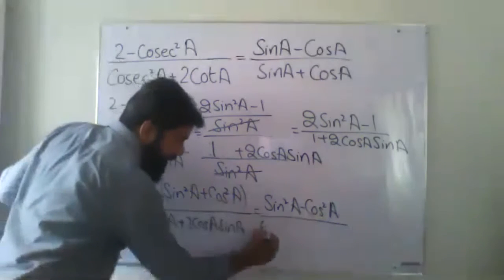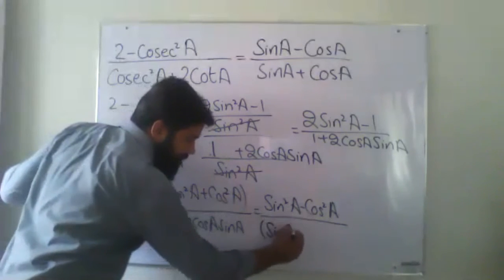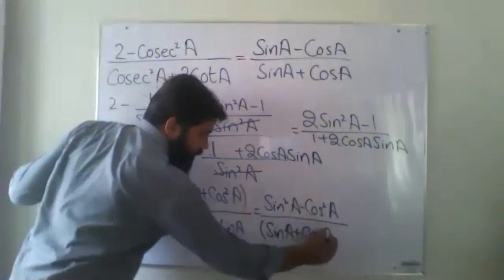So this can be written as sine A plus cos A whole square.